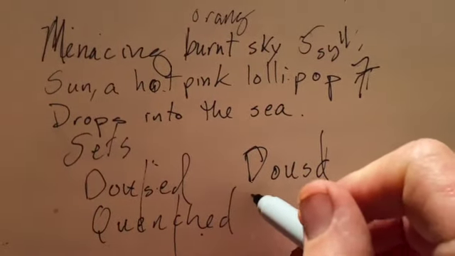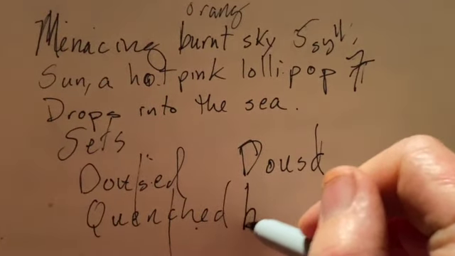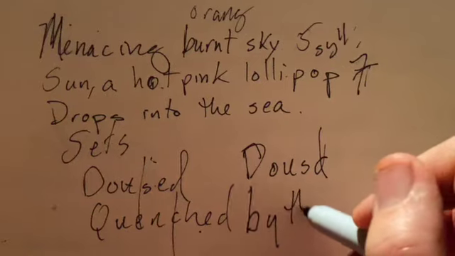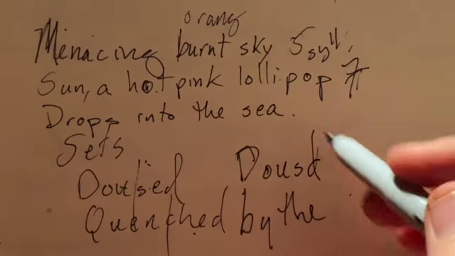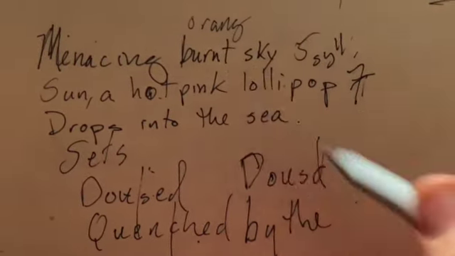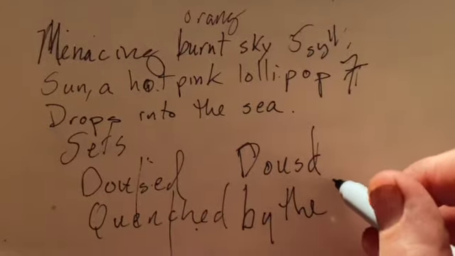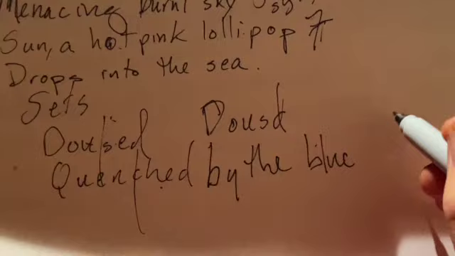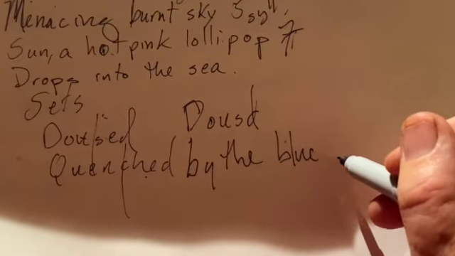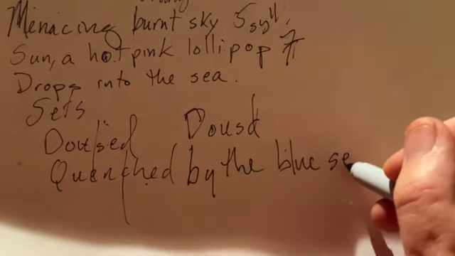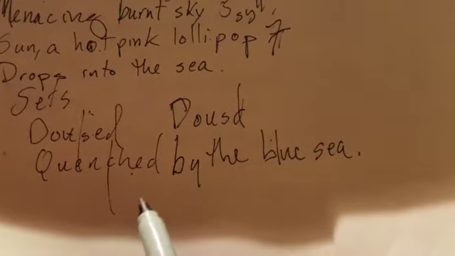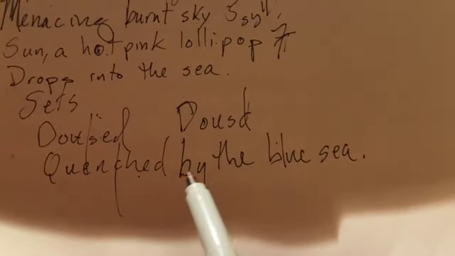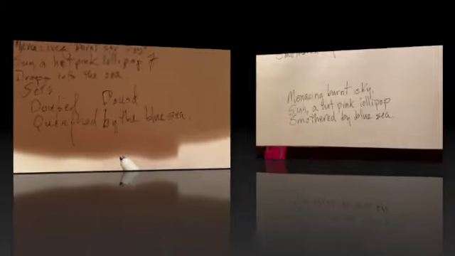So how about, I kind of like quenched. Quenched by, and then I thought, well, I'm using color here. So how about using color again? And also it provides the contrast for the volta. So I'm going to change it to quenched by the blue sea.